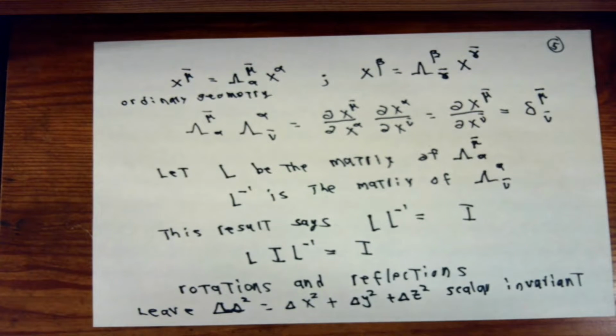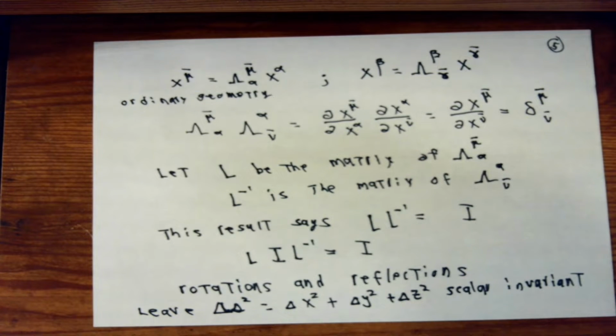Of course, you could write the inverse transformation also. X beta is some combination of the barred x coordinates. X beta will be lambda beta gamma bar x gamma bar.